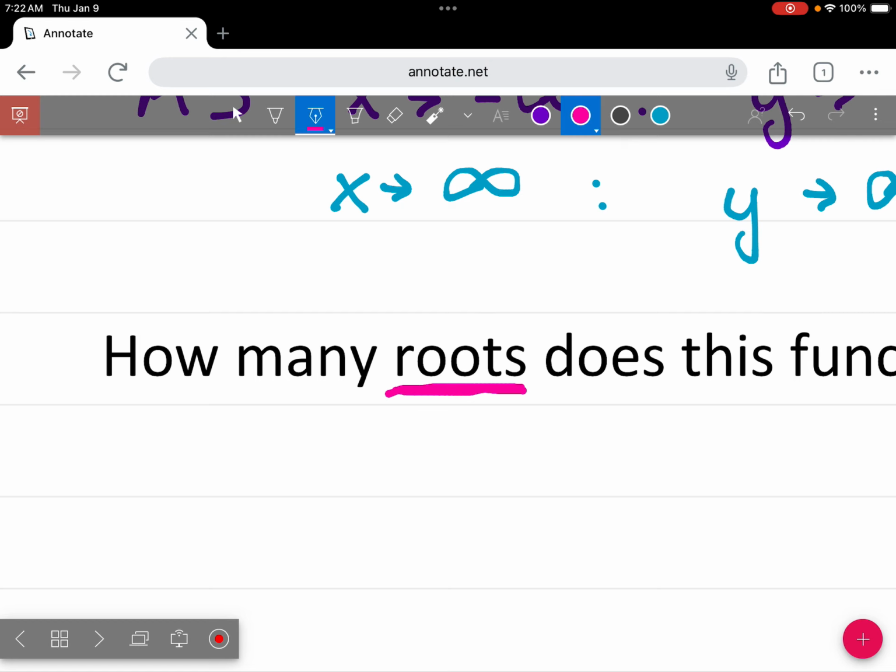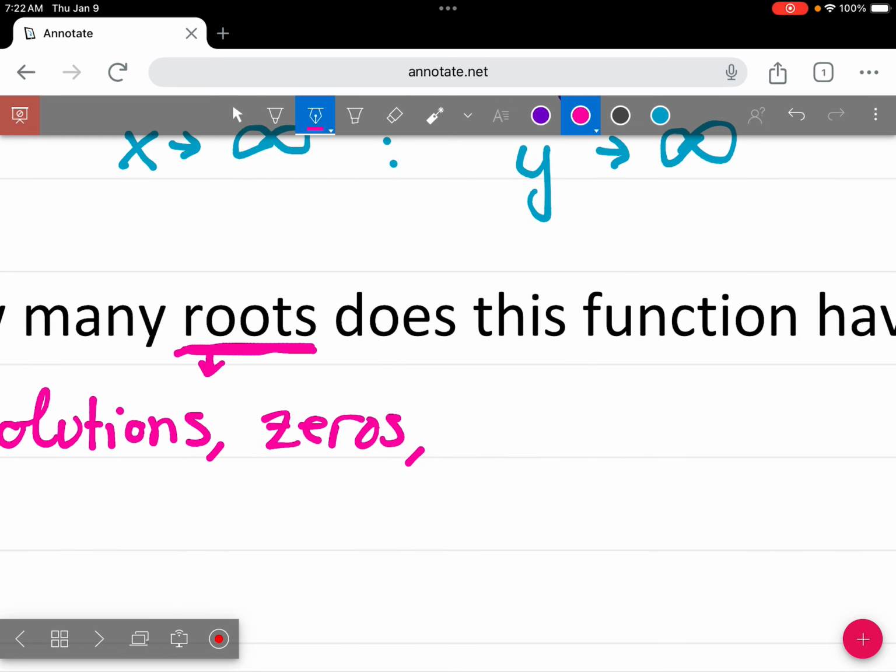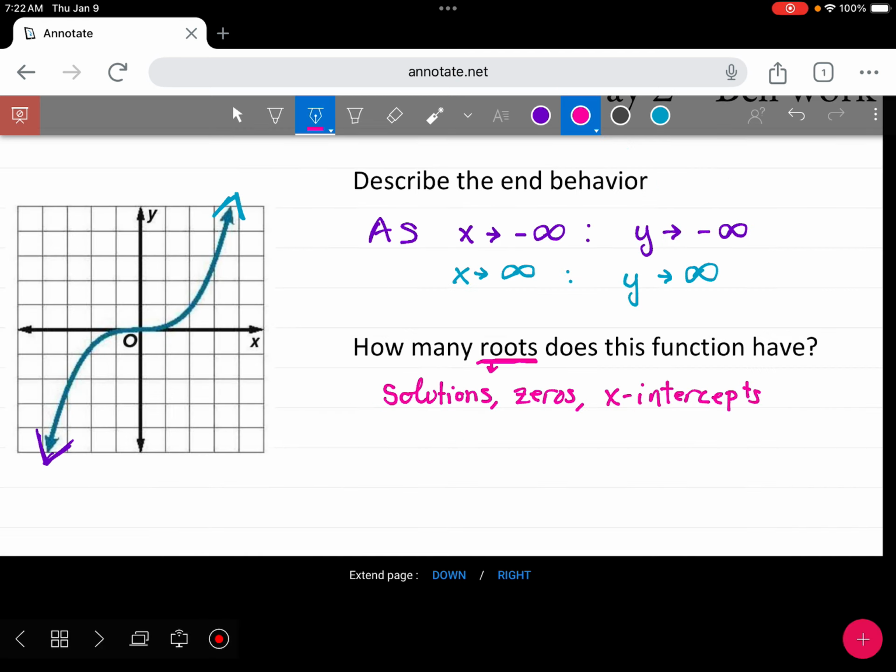Roots are also called our solutions, our zeros, or our x-intercepts. Those words all mean the same thing. I have a tendency to say a lot of them together. So the zeros, the solutions, the roots, the x-intercepts.